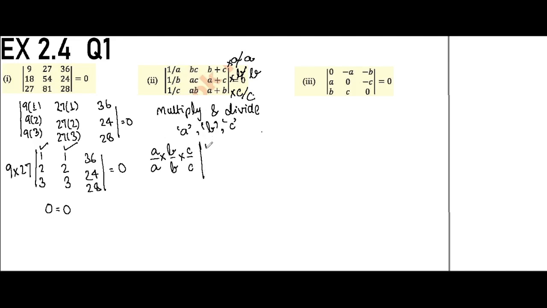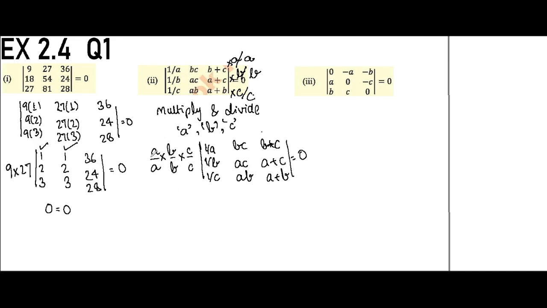So we have 1 by A, 1 by B, and 1 by C. Then we have BC, AC, and AB. And we have B plus C. Then we have A plus C and A plus B. And this is equal to 0.